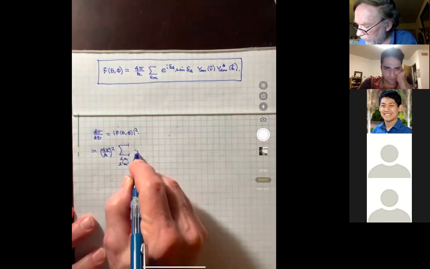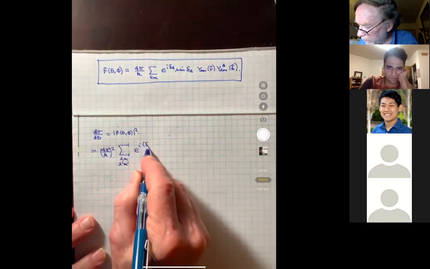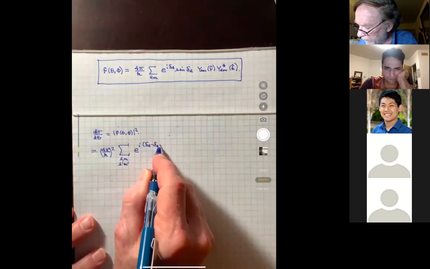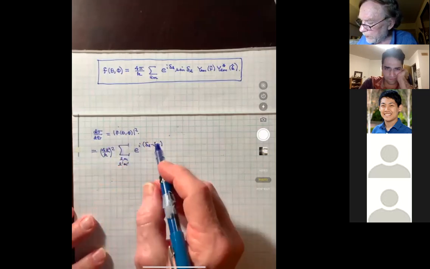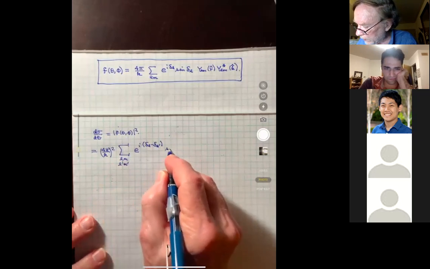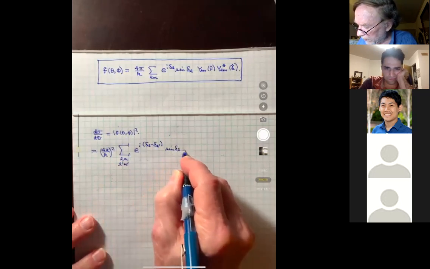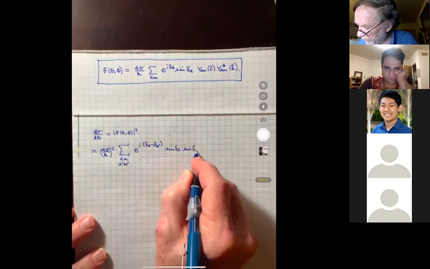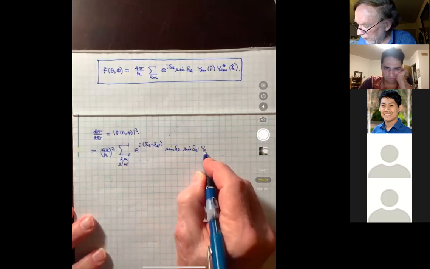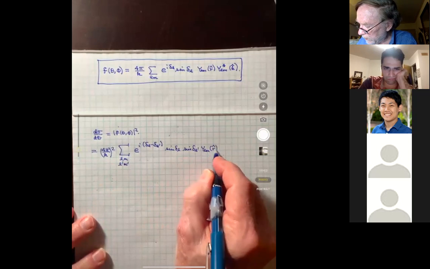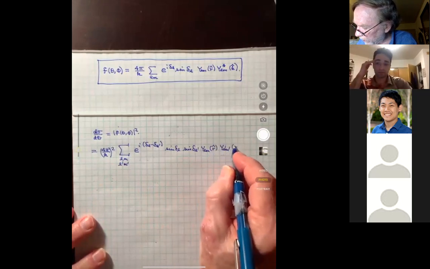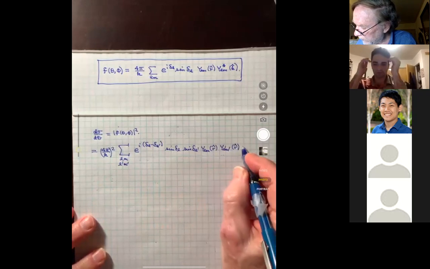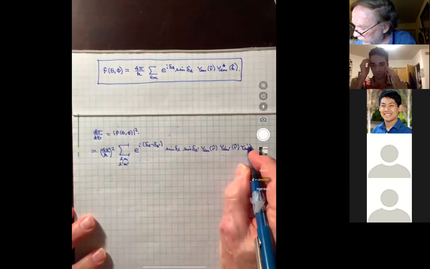And then we get a phase factor e to the i quantity delta L minus delta L prime, because one of the factors has to be complex conjugated when we square it. Then we get sine delta L times sine delta L prime. Then we get YLM of R hat times YL prime M prime of R hat times YLM star of K hat.